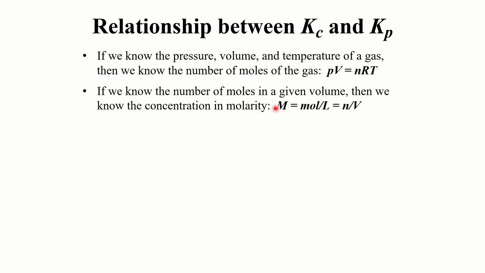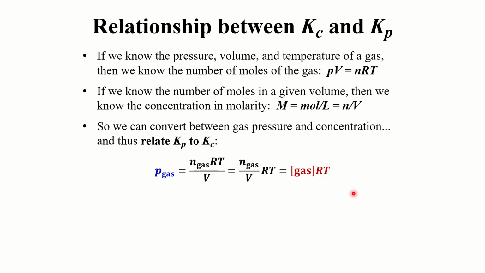Now, if we know the number of moles in a given volume, then we know the concentration in molarity, right? Since molarity equals moles over liters, which we could define as n over V to put it in similar terms to the ideal gas law. So with this relationship, we can convert between gas pressure and concentration and thus relate Kp to Kc.